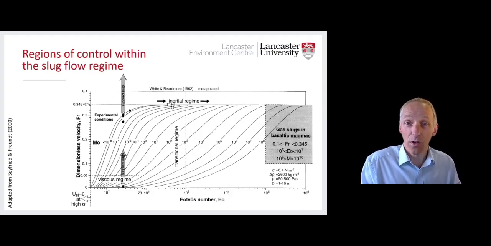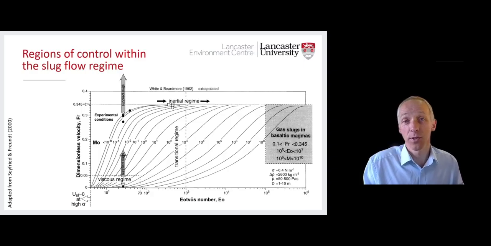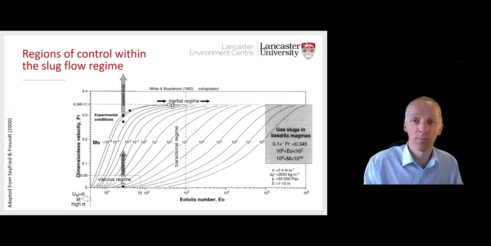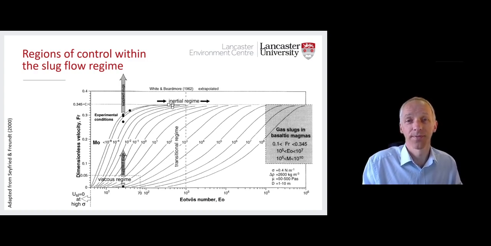However, slug ascent velocity is probably a much more important variable to consider when we're thinking about Strombolian activity. Slug ascent velocities have been extensively studied within the engineering community, and this has resulted in velocity being mapped against Morton and Eötvös numbers. This is a rather complicated diagram but shows that mapping, and it also extends it to volcanologically relevant parameter values.